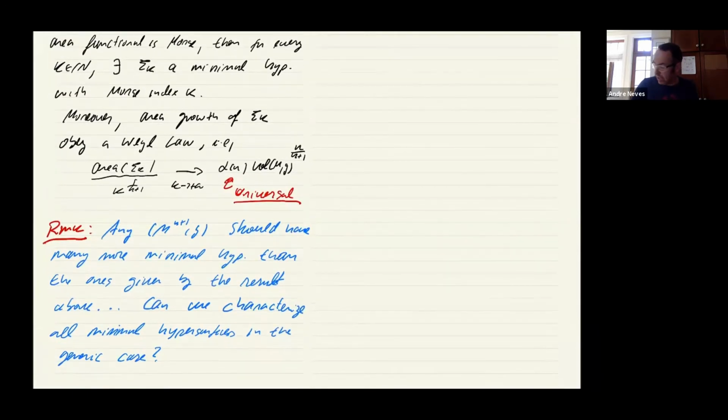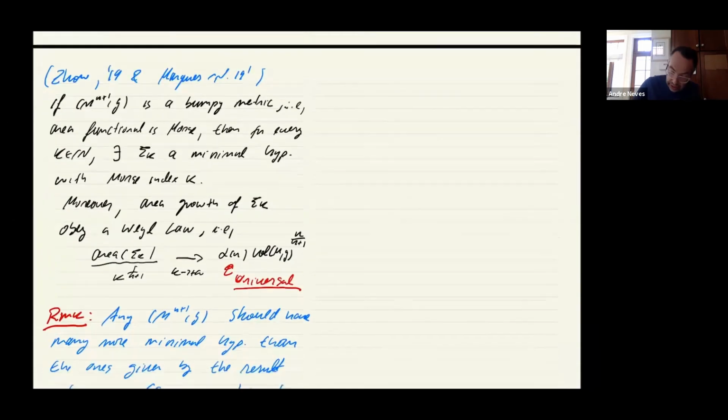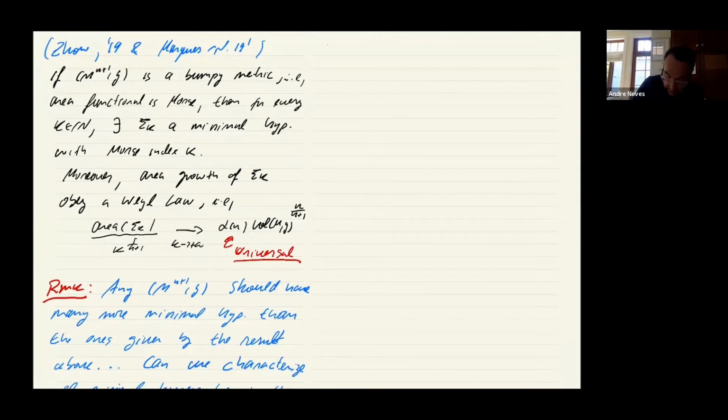Let me present a result from some months ago, due to Antoine Song and Xin Zhou, that shows the interest of the question, and gives evidence that indeed we should have many more minimal surfaces on any given closed manifold than the ones given by this previous result. So this is due to Antoine Song and Xin Zhou.